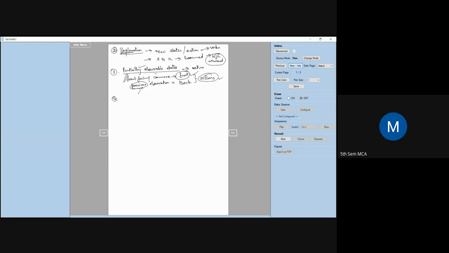The fourth point is lifelong learning. Okay, what is this lifelong learning? Now, this robot will always learn several tasks within the same environment using the same sensors.